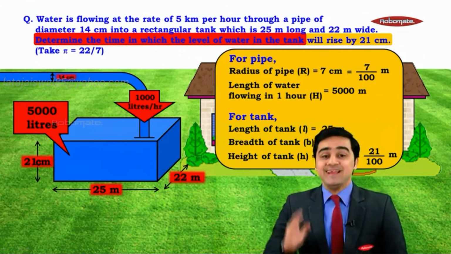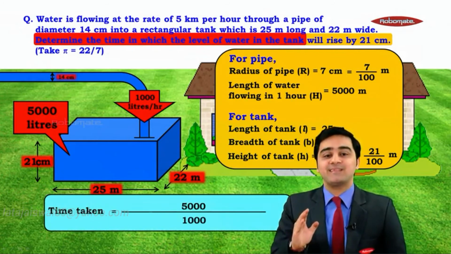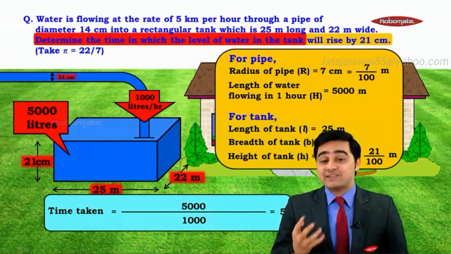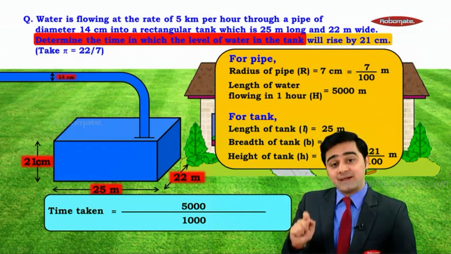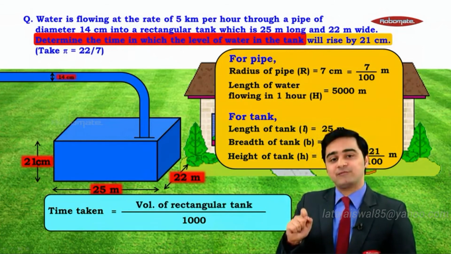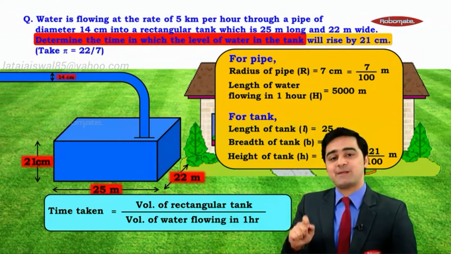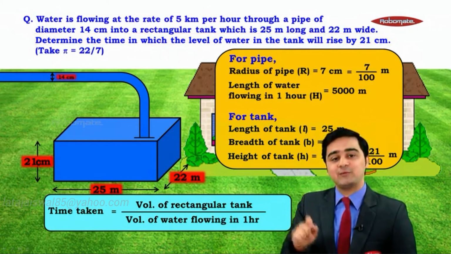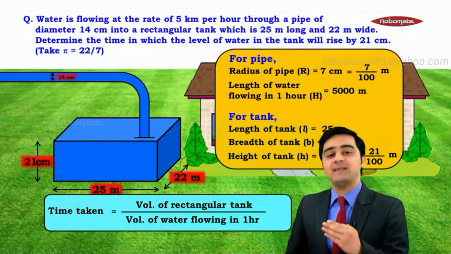Yes, we can say that time taken is equal to 5,000 upon 1,000, which is equal to 5 hours. Now let us generalize this to get the formula for time taken. Now in it, 5,000 is volume of the rectangular tank and 1,000 is volume of water flowing through the pipe in 1 hour. So we can say, therefore, time taken is equal to volume of rectangular tank upon volume of water flowing through the pipe in 1 hour.